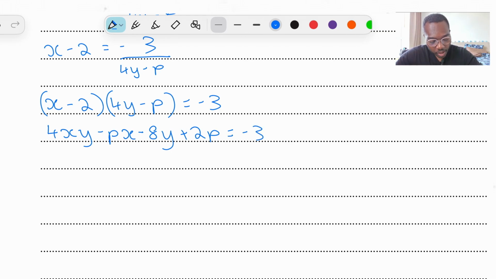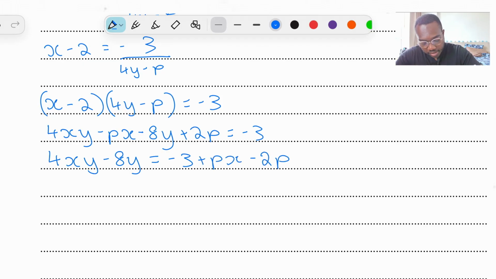Now I'm going to group up all of my y terms together, so we get 4xy minus 8y, and then I'm going to bring all my other terms to the other side, so we get minus 3, and then plus px, and then minus 2p. And now I'm going to factorize out the y on the left side. So we get y, and then in brackets 4x minus 8.